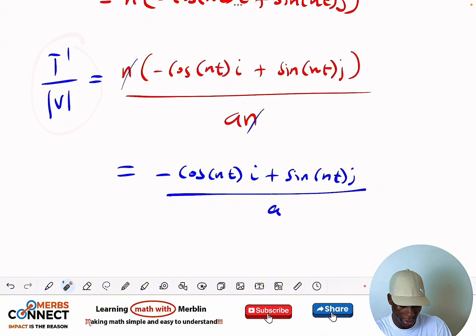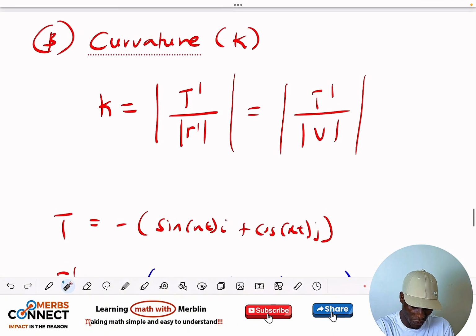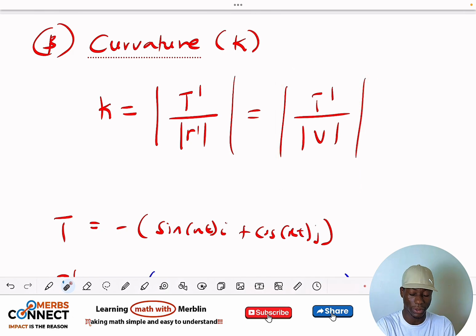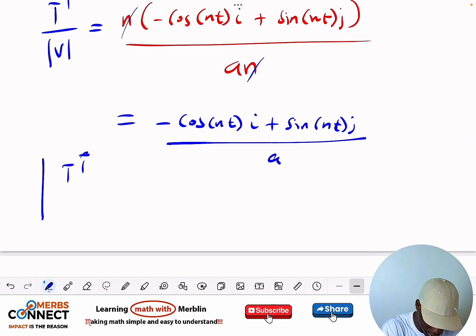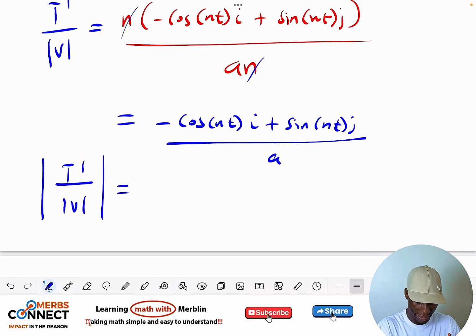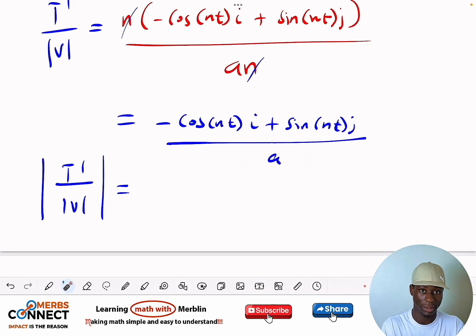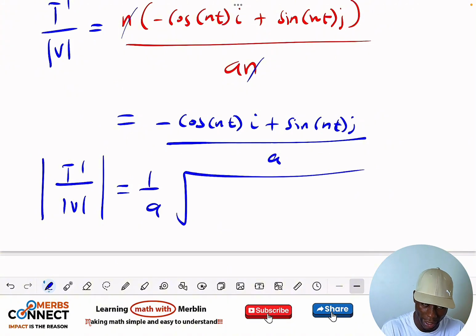Now we are not done. What we need to do now is find the magnitude of the whole result. So the magnitude of T prime divided by the magnitude of v. The 1 over a is a constant, so we can just factor the 1 over a out and find the magnitude of the one on top, because we don't have anything in it like t.